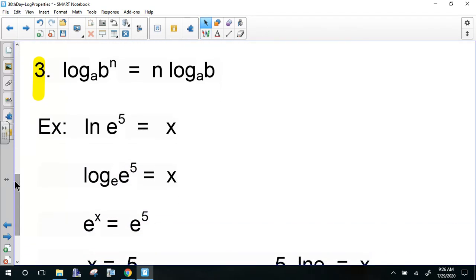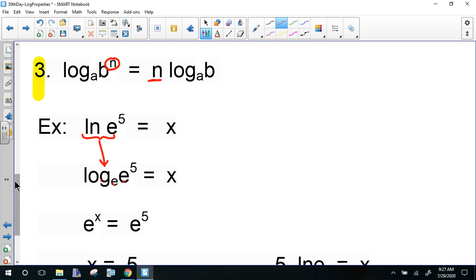And the third and final property is when we have an exponent. We need to bring down that exponent or expand it. The exponent comes out in front of the log. An example of that would be, remember, natural log of e is the same thing as log base e of e.